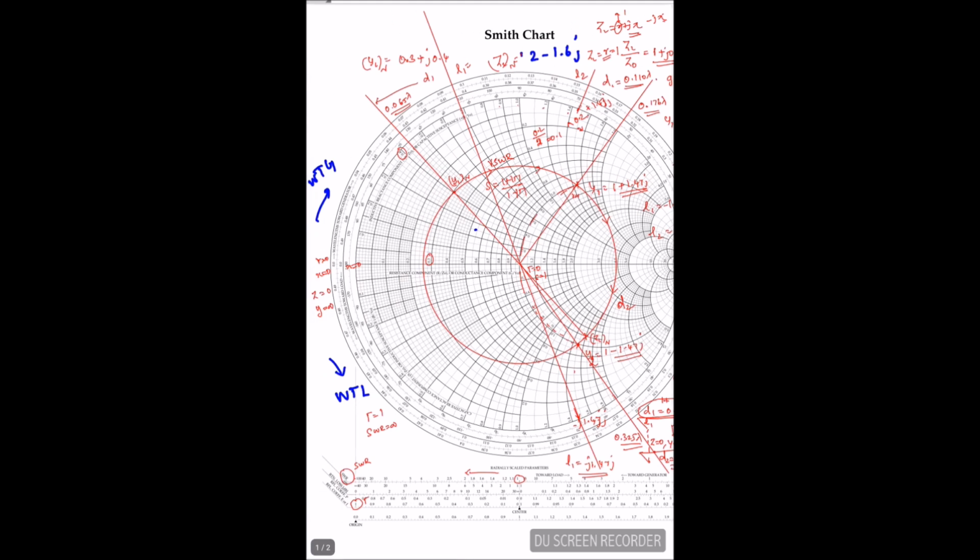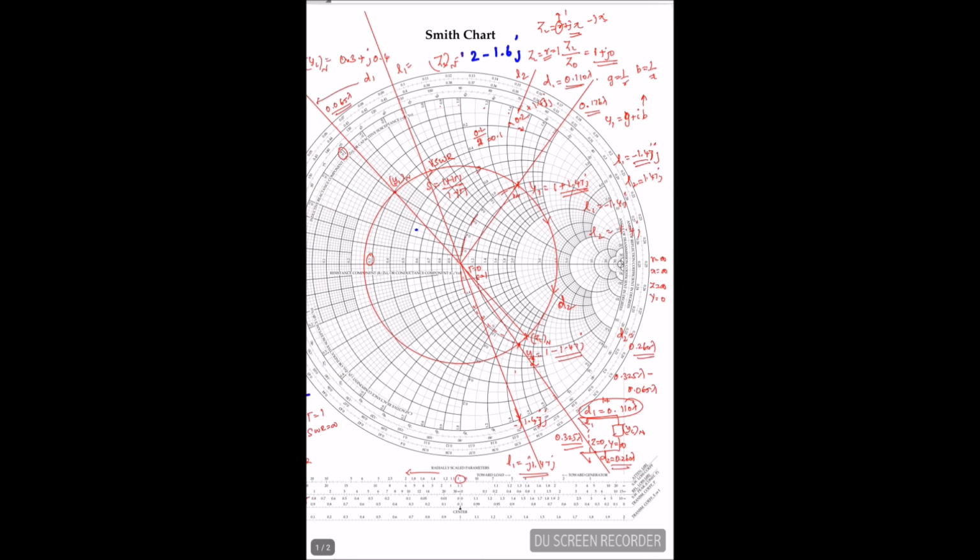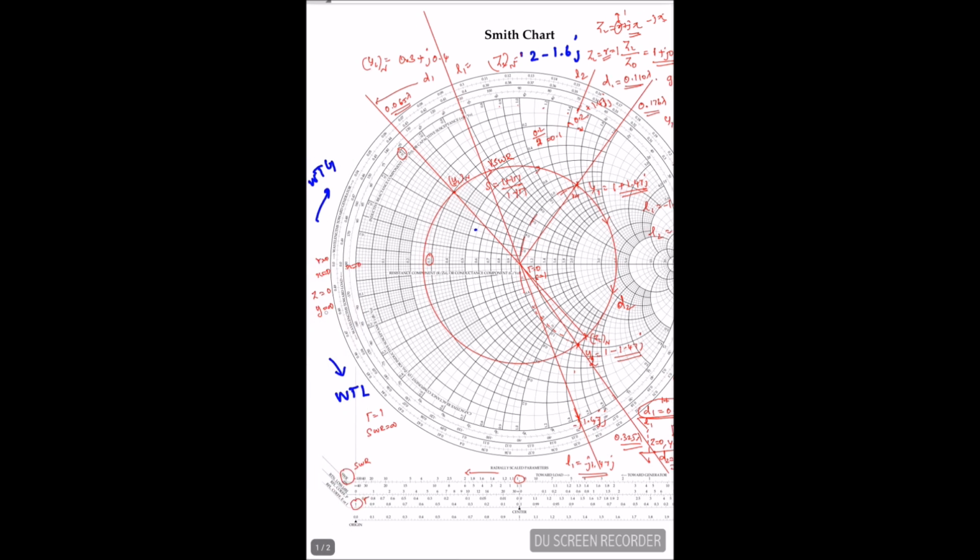So here I know this in admittance scale what is a susceptance. Since the stub is shorted, I'll have that infinity admittance, that is y equal to infinity or z equal to 0. From here I have to move my wavelength toward the generator. From here I have to move all the way till this admittance.